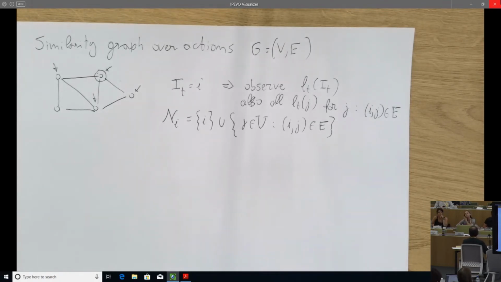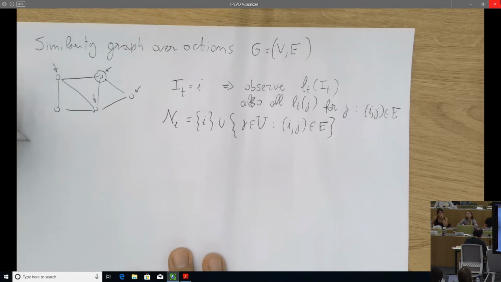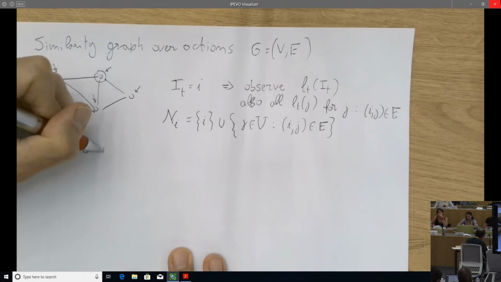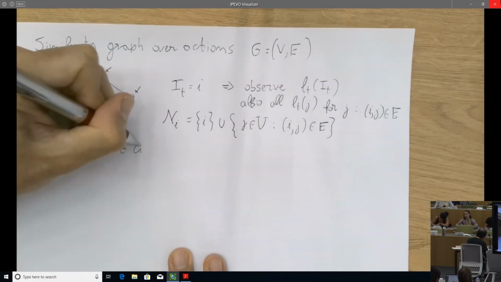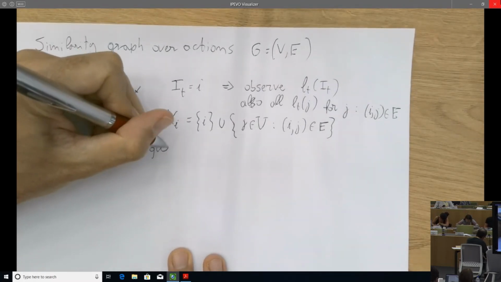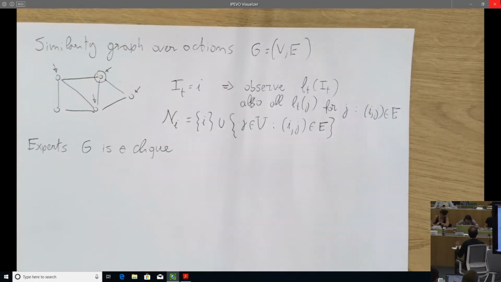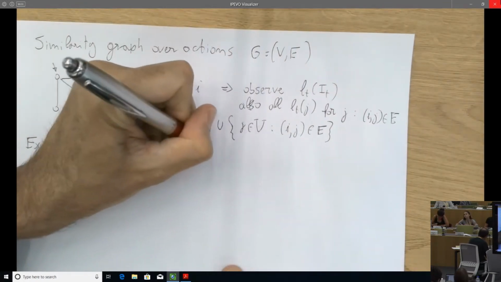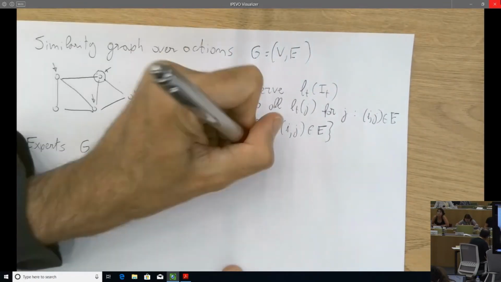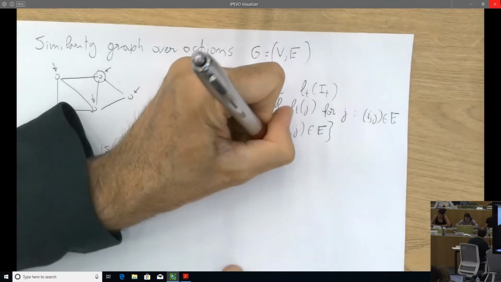All right, so how does this change things? So first, let's see if we did generalize things. Okay, so in the expert's case, G is a clique. Whichever action I pick, I always observe everything. So in the bandit case, G is what?